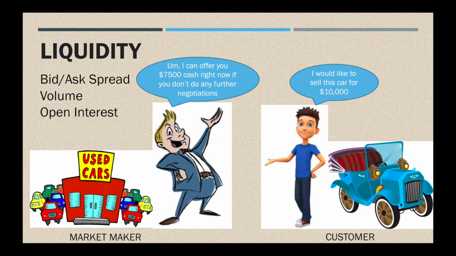So the same concept applies with the market makers in trading. So if you choose a stock which has high volume and high open interest, then you are more likely to not pay a big differential between the bid and ask spread.